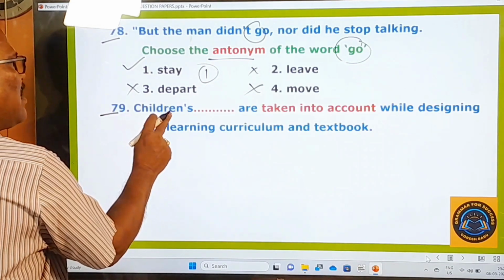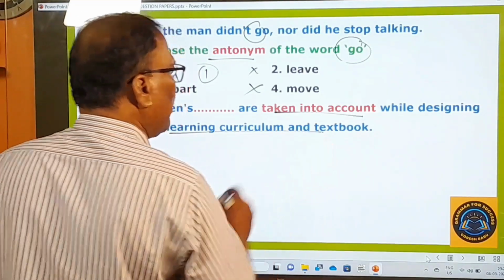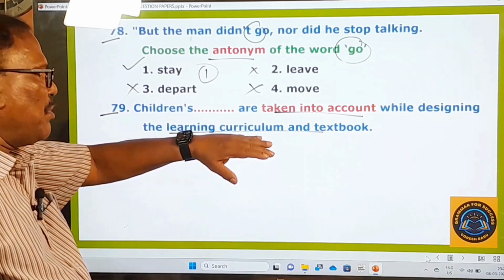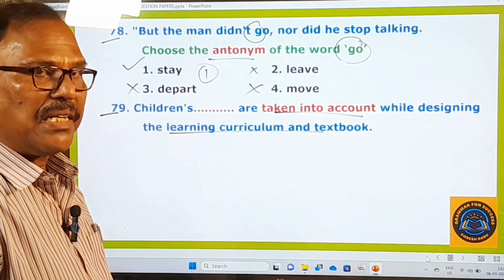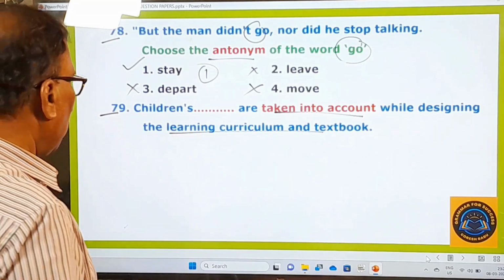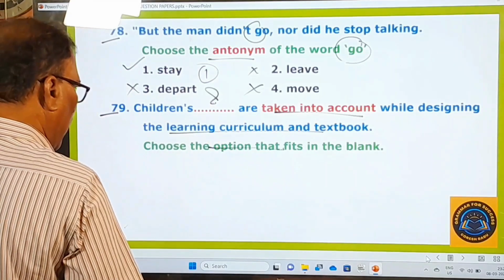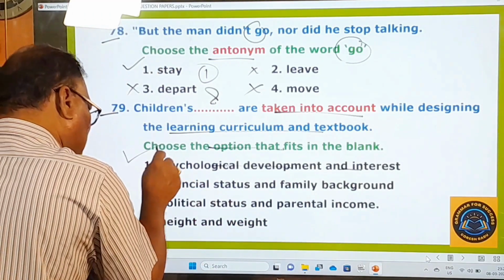79th one. Children's dash are taken into account while designing the learning curriculum and textbook. While preparing the learning curriculum and textbook, children's dash are taken into account. They are taken into, what is that? That is taken into account. Let us look at the options. Choose the option that fits the blank. Okay. And what are the options? Psychological development and interest. The very first one is the right one.